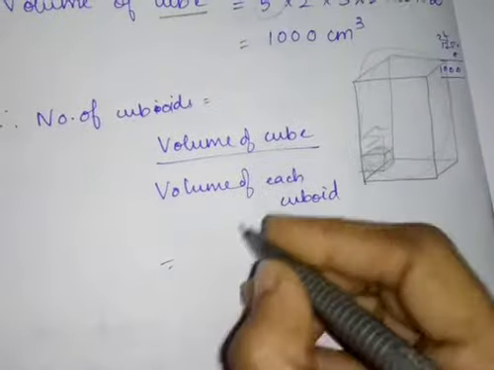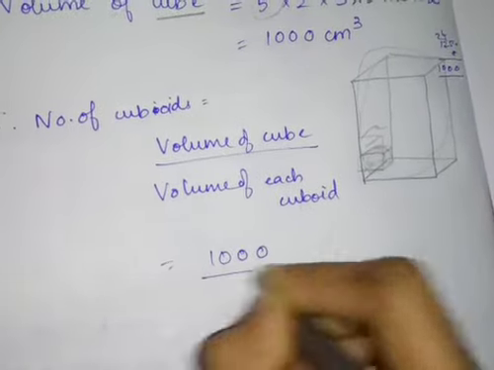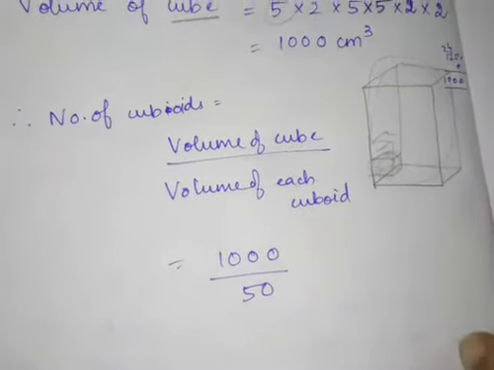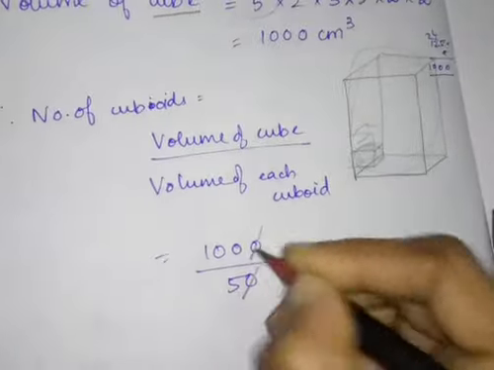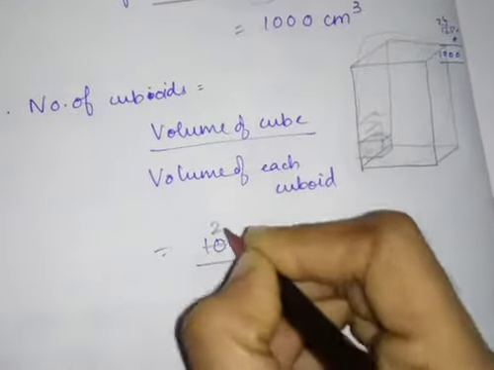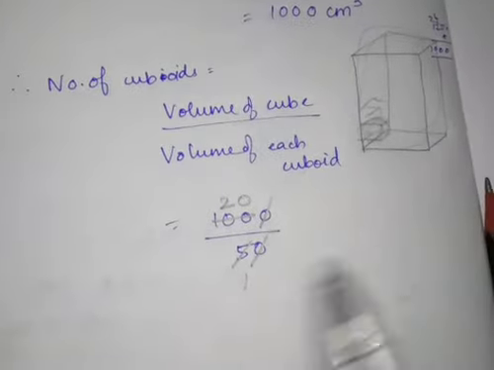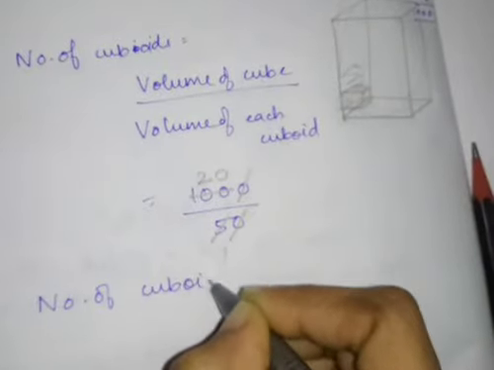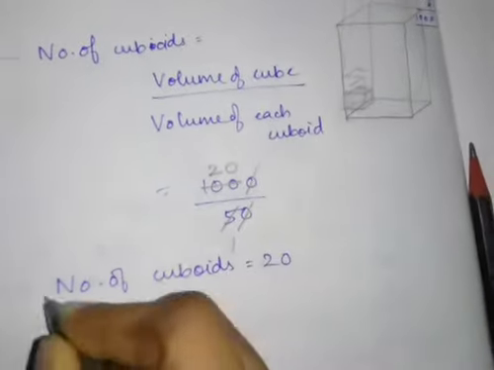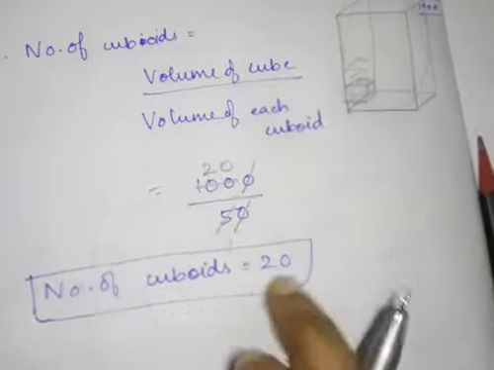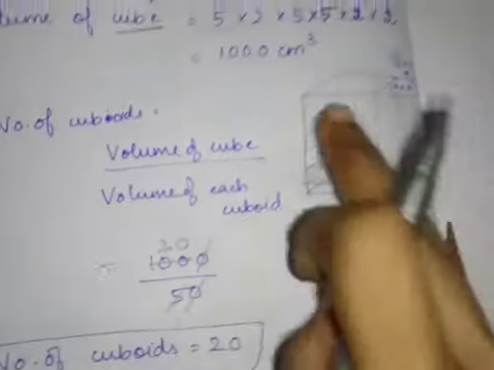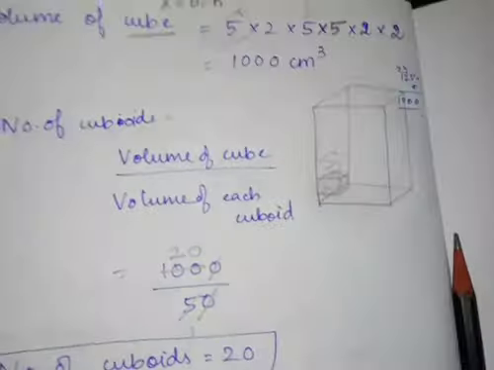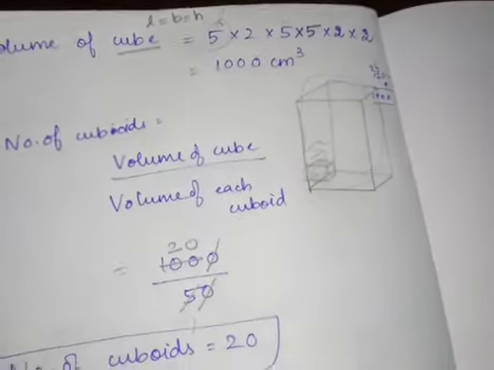What is the volume of cube, children? 1000 divided by the volume of cuboid, which is 50. Now if you cancel, 0 0 cancel, 5 1s are 5, 5 2s are 10, 0. So the number of cuboids, how much, children? Number of cuboids is equal to 20. So the 20 cuboids are organized like this and they form a big cube. Why I am doing this, you understood now, children?